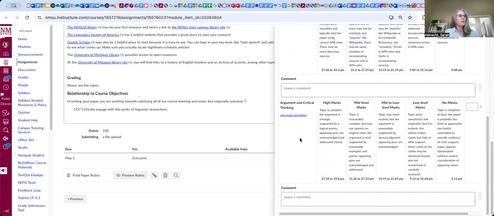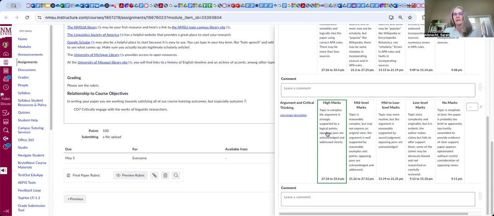Your final element is your argument and critical thinking. So your topic is complex for high marks. Your argument is strongly supported by logical points. And how do we know that we have logical points? Generally, that's because you have a thesis and you have those logical points clearly identified in the thesis, and then you have those organized in order throughout the body of your paper.